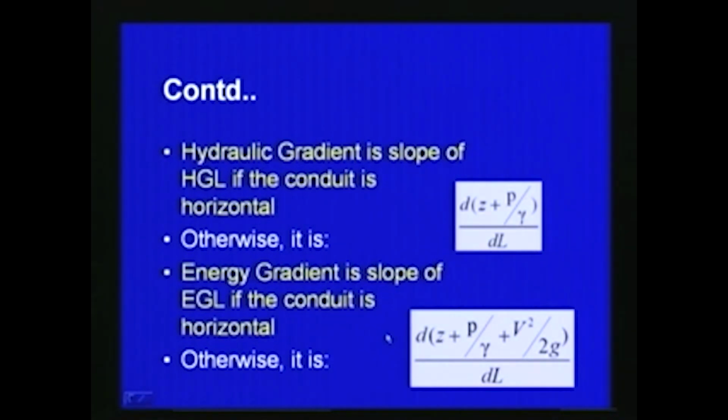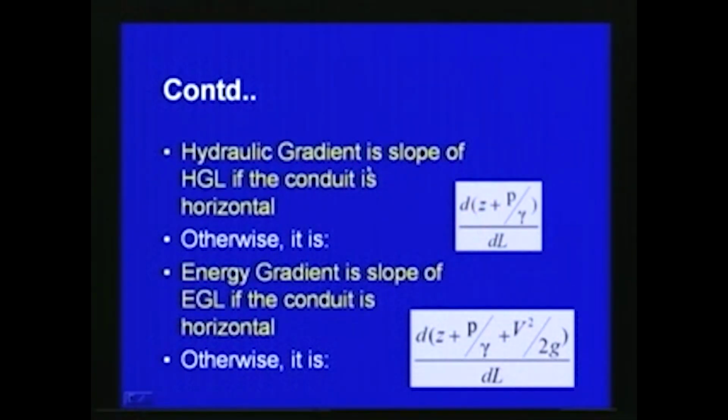So, depending upon whether the flow system which we design is horizontal or inclined, we can utilize the corresponding equation, whether it is directly the slope or the derivative with respect to Z plus P by gamma for the hydraulic gradient, or d by dl of Z plus P by gamma plus V square by 2g for the energy gradient, where Z is the datum head, P by gamma is the pressure head, and V square by 2g is the velocity head.